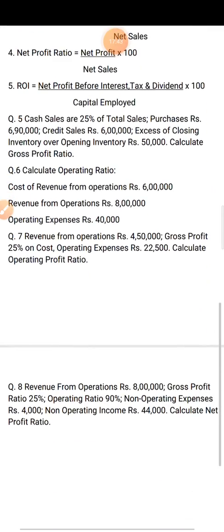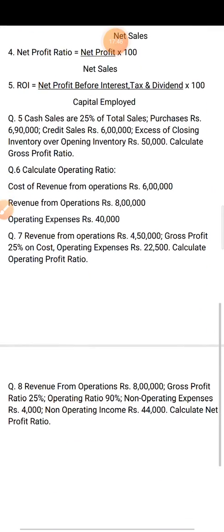So let us start question number 5. In this, cash sale is 25% of total sale, purchases 6,90,000, credit sale 6 lakh, excess of closing inventory over opening inventory 50,000. You have to calculate the gross profit ratio.